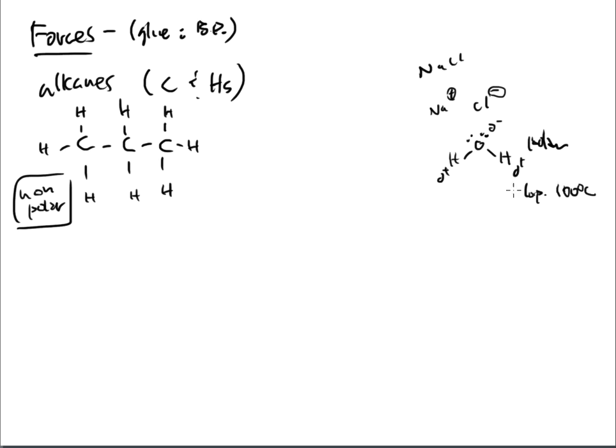Well, these are nonpolar. Alkanes, I'm not really going to find polarity here. I'm not going to find these full charges like I would on the Gen Chem side of the house. That means that for alkanes, it's very common to see negatives for their boiling points.